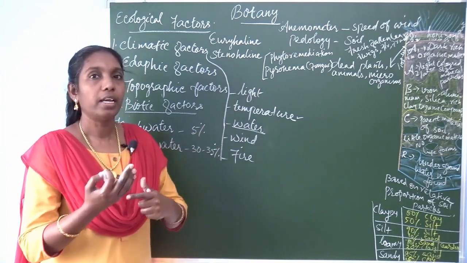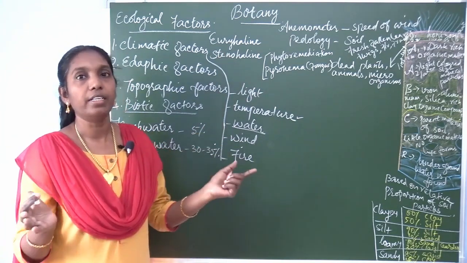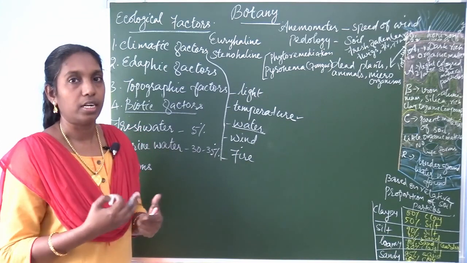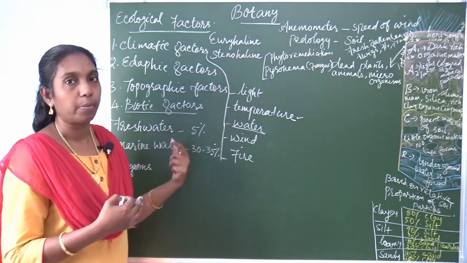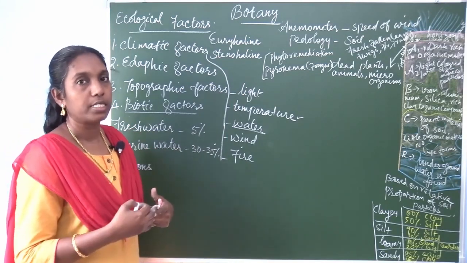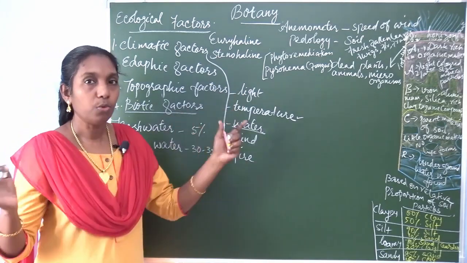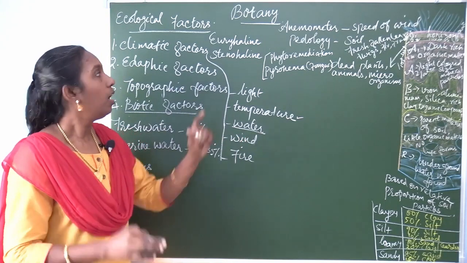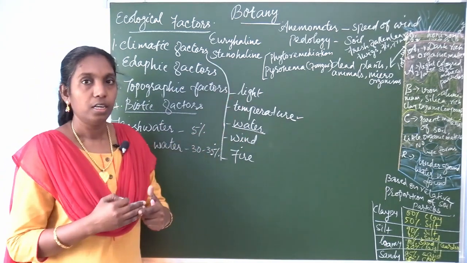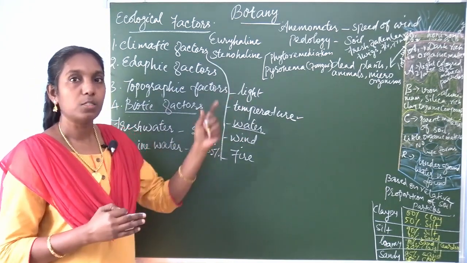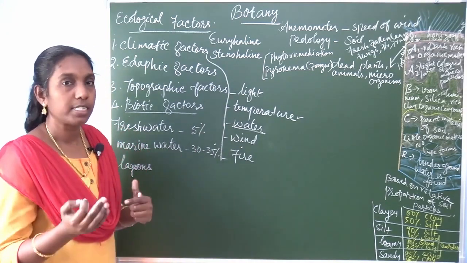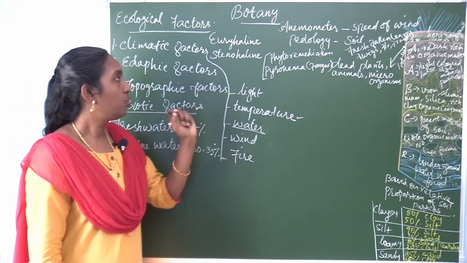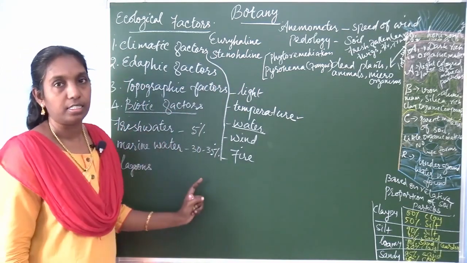Euryhaline plants, that is aquatic or marine plants, tolerate a wide range of salinity. But stenohaline plants have less tolerance, a small range of tolerance in salinity. So based on this, it's classified into two different categories.